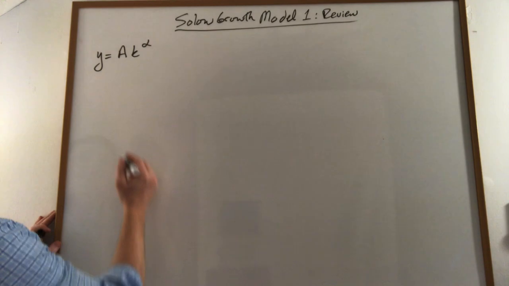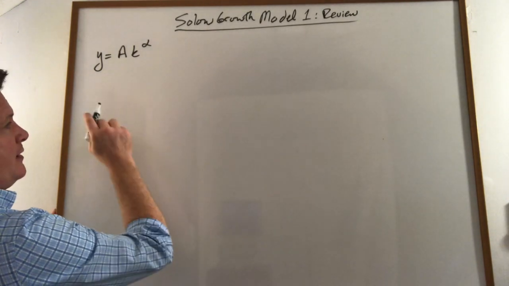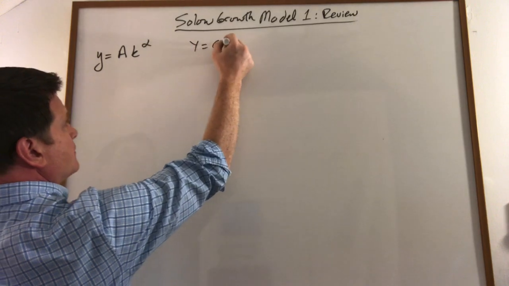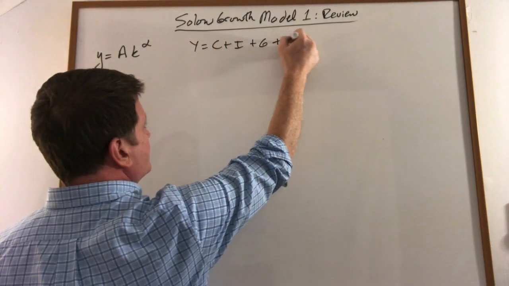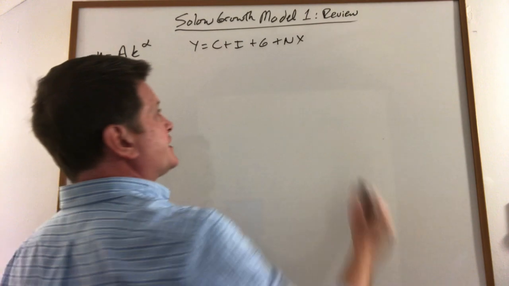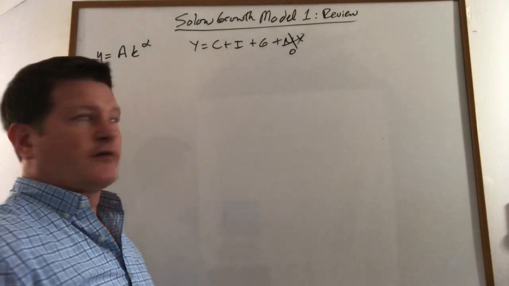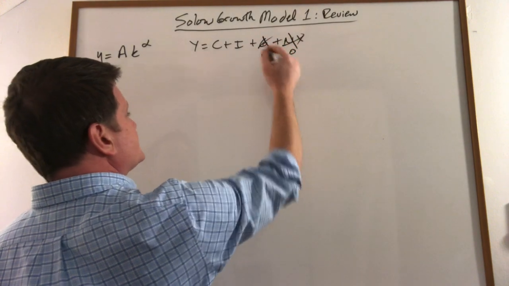We take our normal national income identity. We look at a closed economy, so we make this 0. We're ignoring the role of government for the moment. So this is 0.